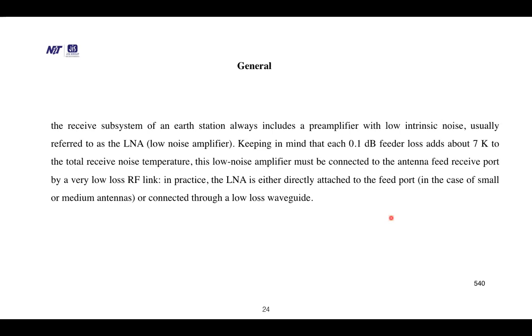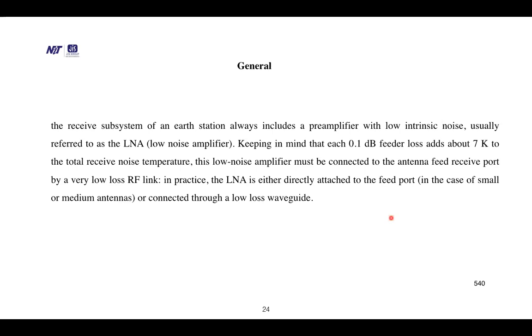So, the receiver subsystem of an earth station always includes a preamplifier with low intrinsic noise, usually referred to as low noise amplifier, LNA. Keeping in mind that 0.1 dB feeder loss adds about 7 K to the total receiver noise temperature.